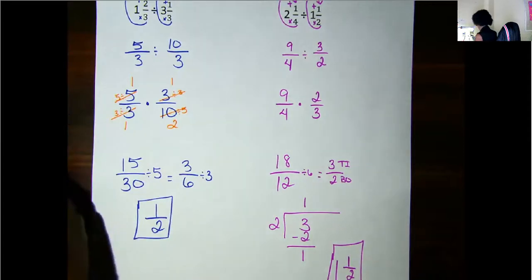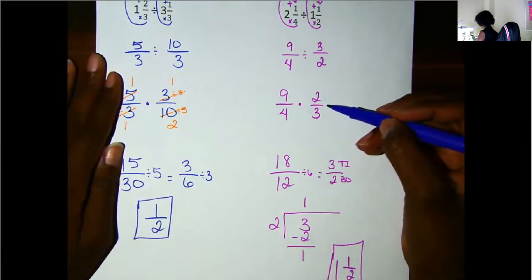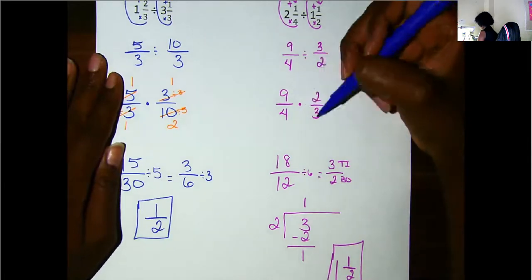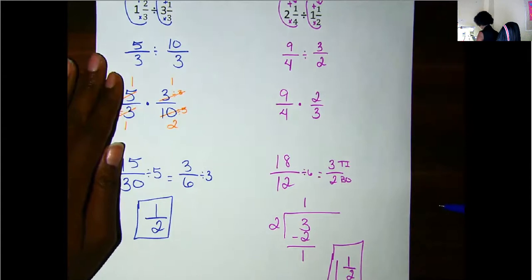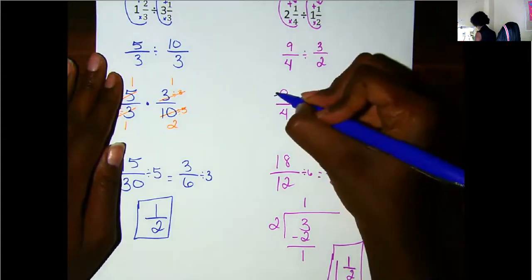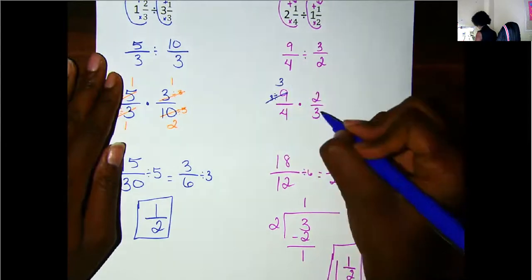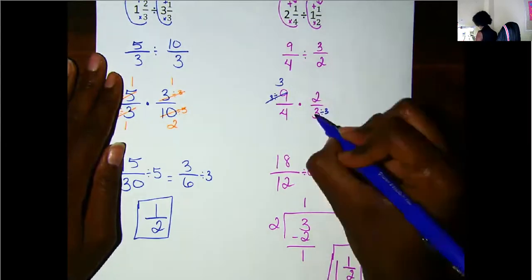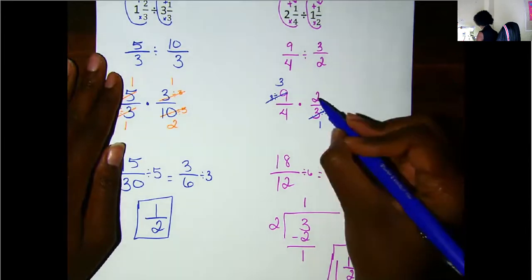We're going to backtrack. Let's go back up here. Let's see if we can use our shortcut here. We're going to look across. I have a 9 and a 3. Do they share anything? Yes, they do. They both share the 3. 9 divided by 3 is 3. 3 divided by 3 is 1. Now let's check the other side. I have a 2 and a 4.